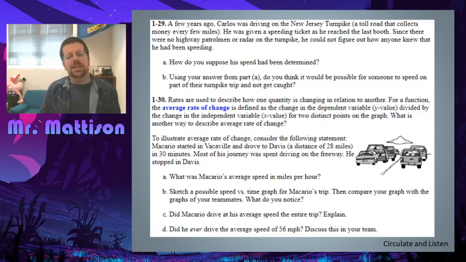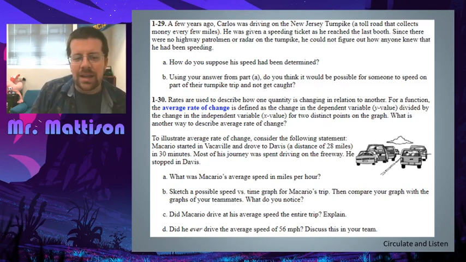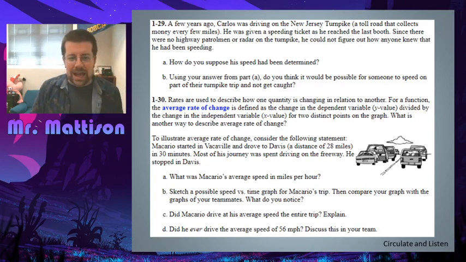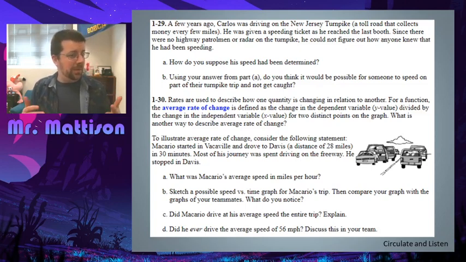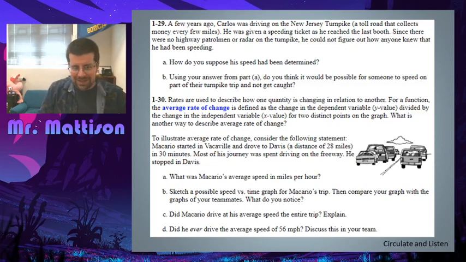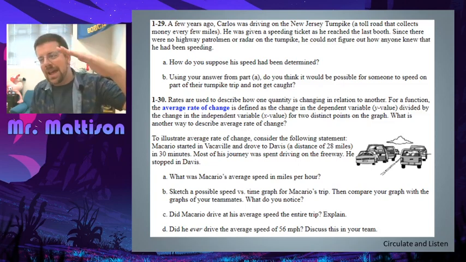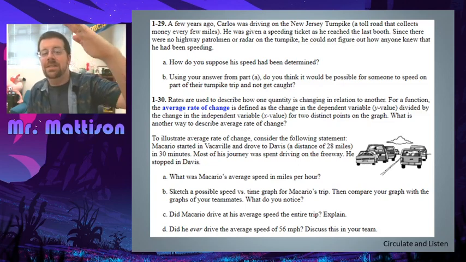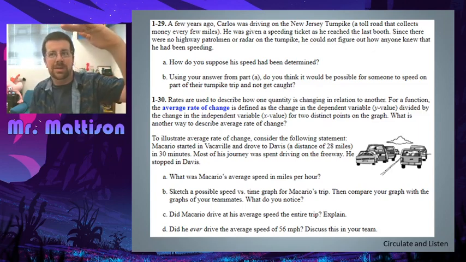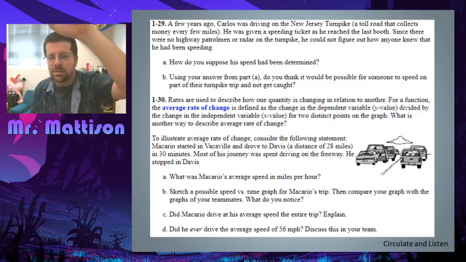So part D is, did he ever drive the average speed of 56? If he wasn't there the entire trip, was he there at some point? We can guarantee yes, he had to at some point, maybe not for very long, but as he was speeding up, at some point he had to cross that 56 mile per hour speed to get up to the 60 or 61 miles an hour he was cruising at, or whatever.